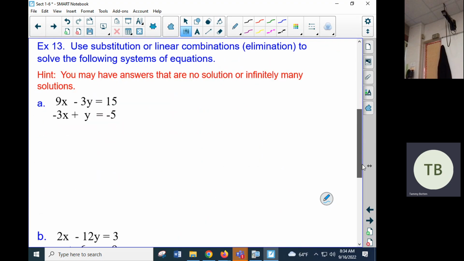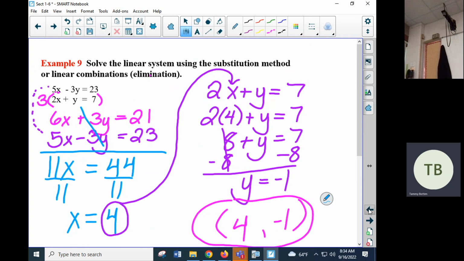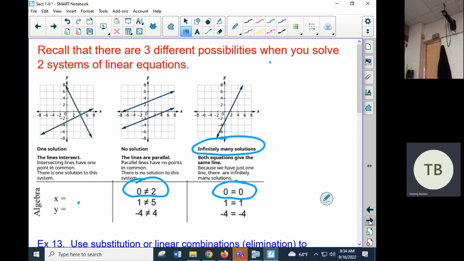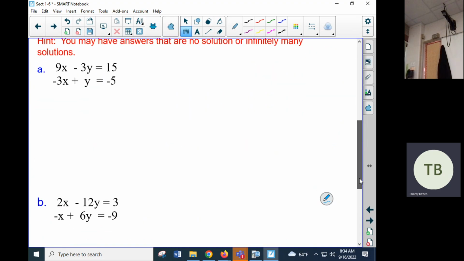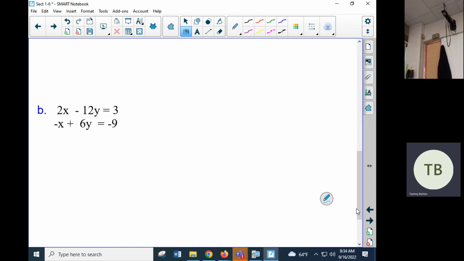Okay, so let's do A. You can either think of this as trying to get rid of your x's or your y's. Let's see if I did the same one before. I did. So let's go down to this one.